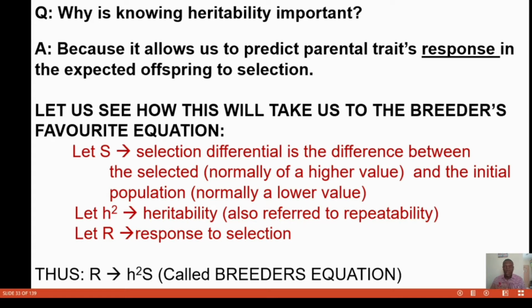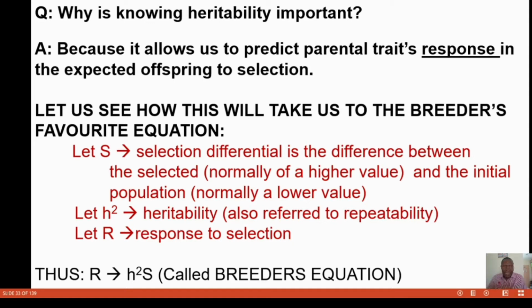As we shall shortly see, that R is the one which associates the multiplication of narrow sense heritability and the selection. That's what's called the breeder's equation.